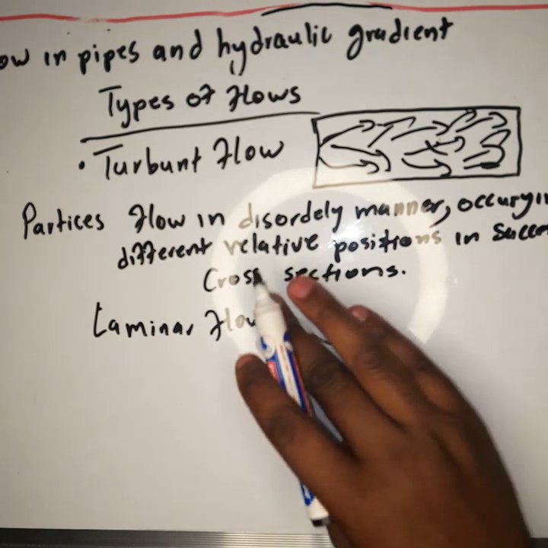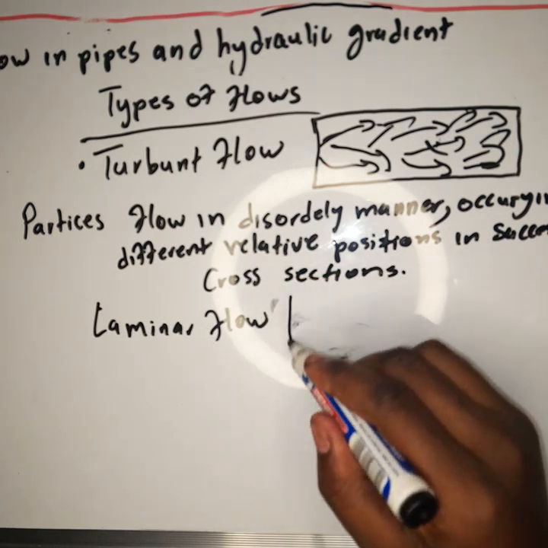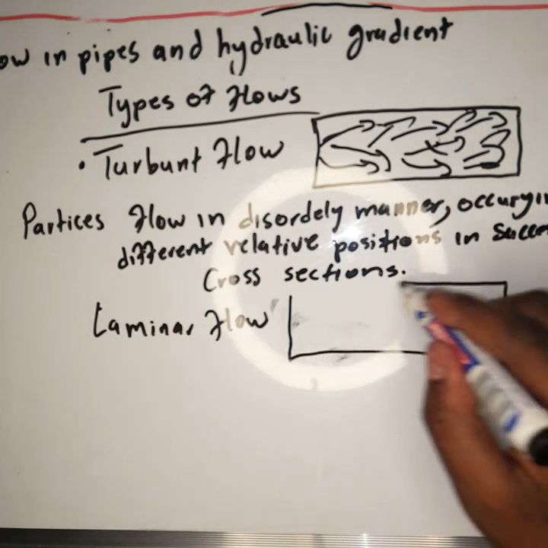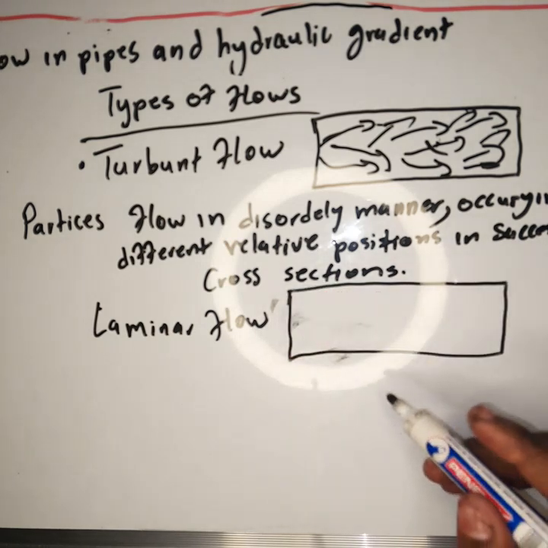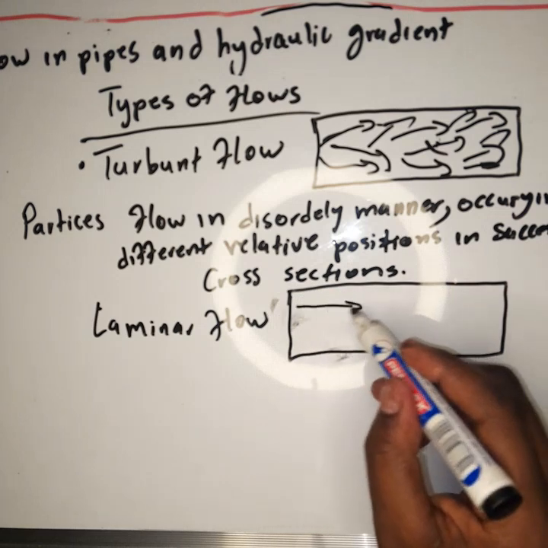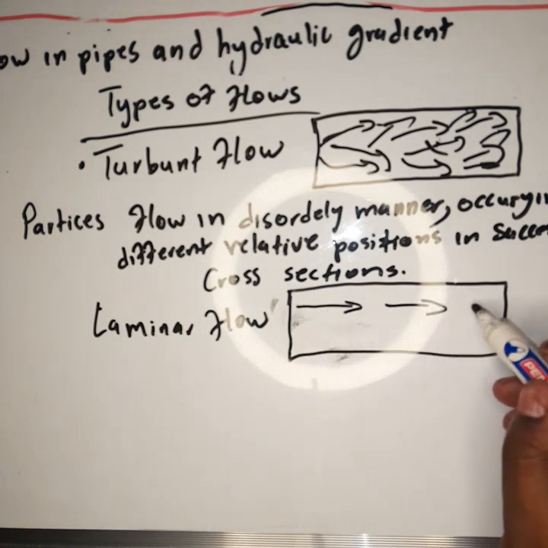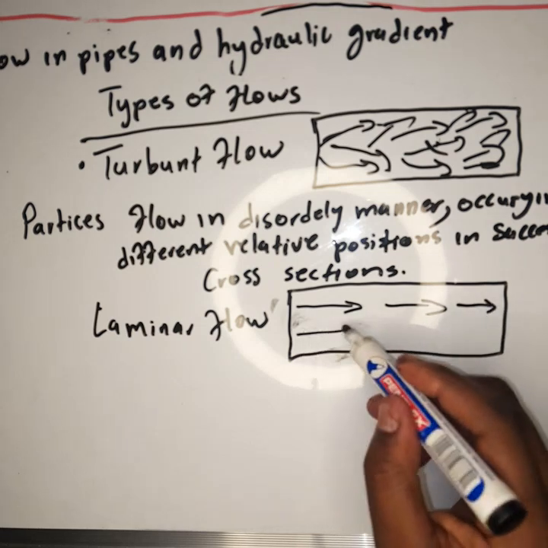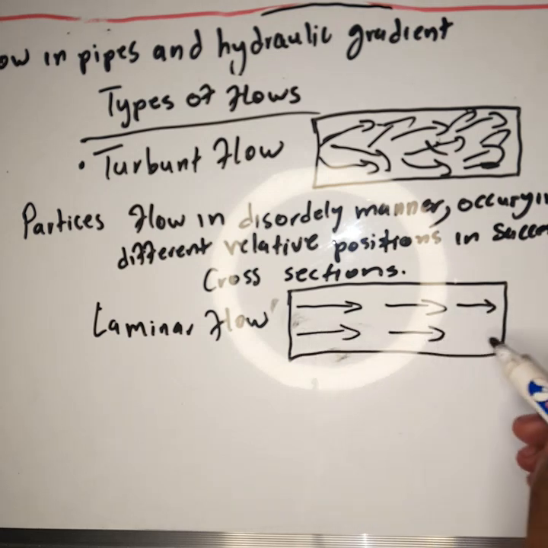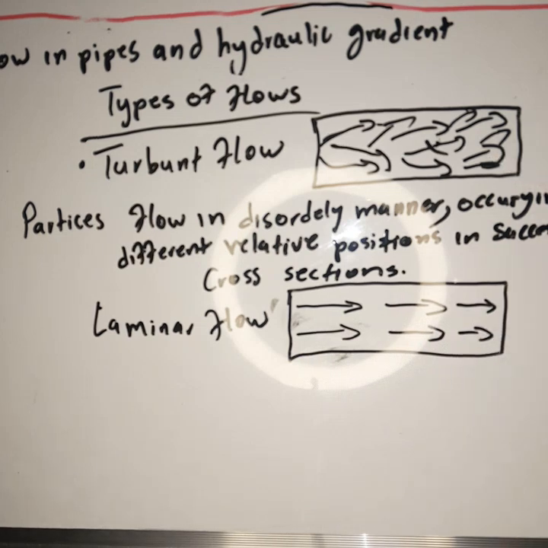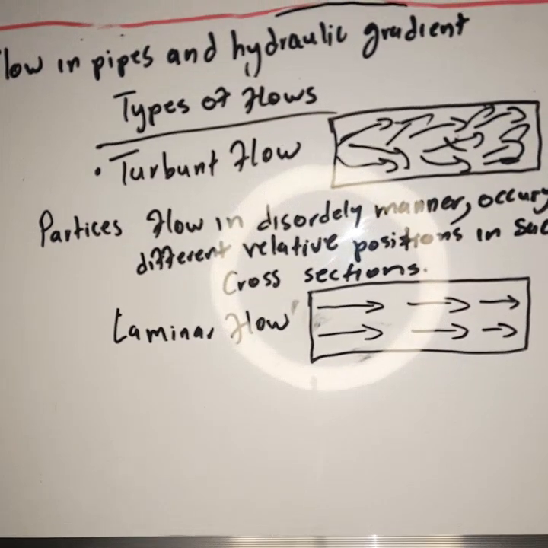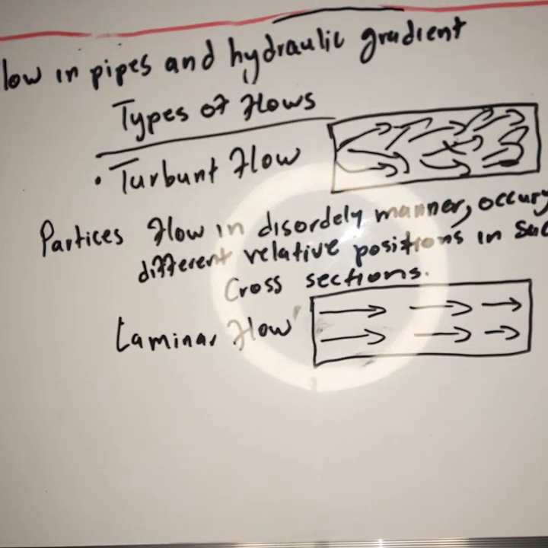If we depict the structure here, let's say we have this pipe or a river. The particles flow in an orderly manner. You see them flowing in an orderly manner, while in this one they flow in a disorderly manner. How can we define this?